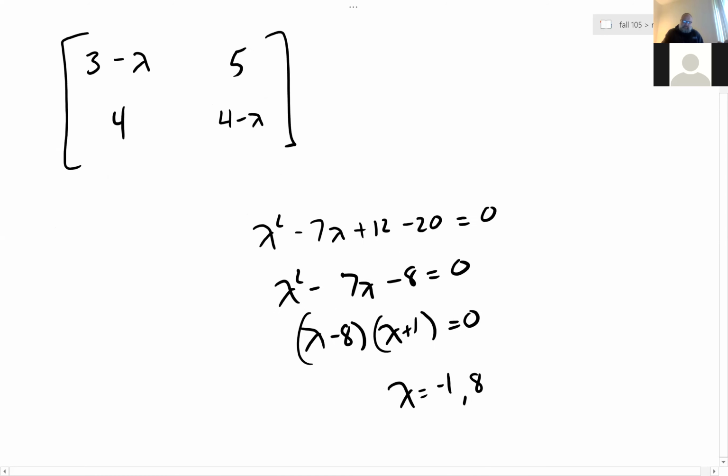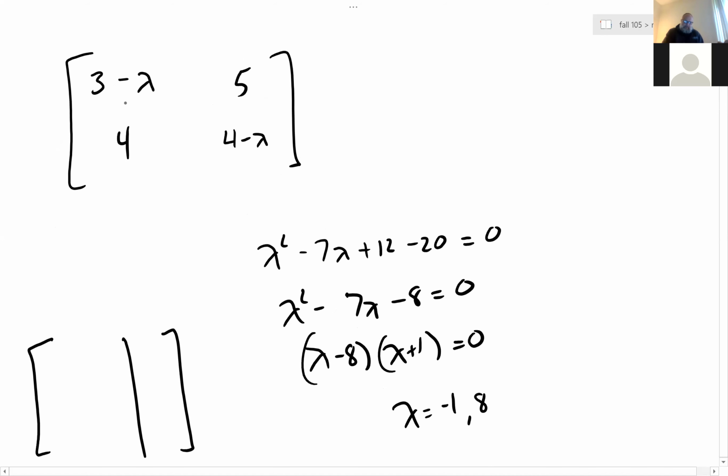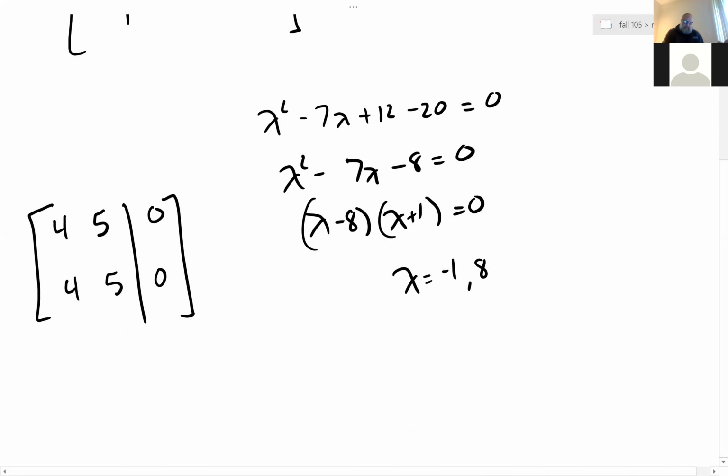If you're going to try to find your eigenvectors, and again, I'll do them both ways, I'll do the calculator and this way. I'm going to plug in the negative 1. 3 minus negative 1 is 4, and you get 5. Remember, it has to equal 0. And then you get 4, and then 4 minus negative 1 is also 5, equals 0. You can just do R1 minus R2, and you would end up with this.